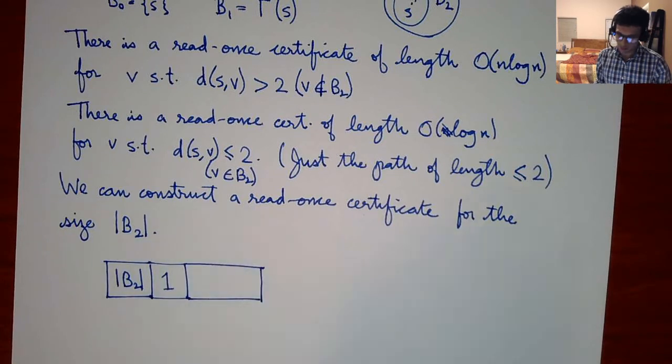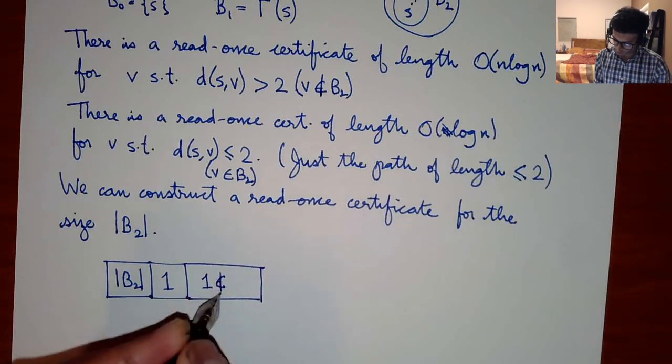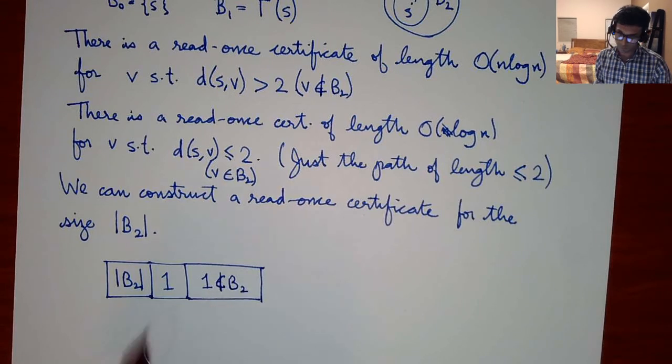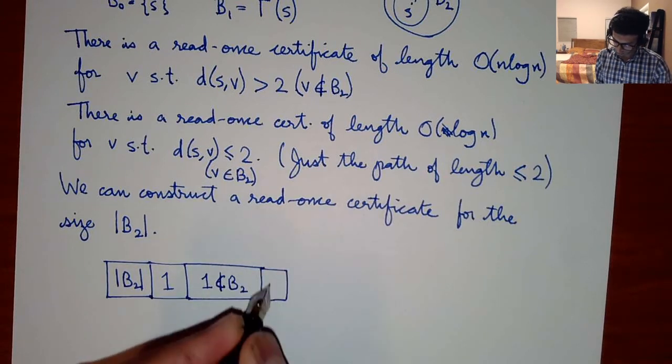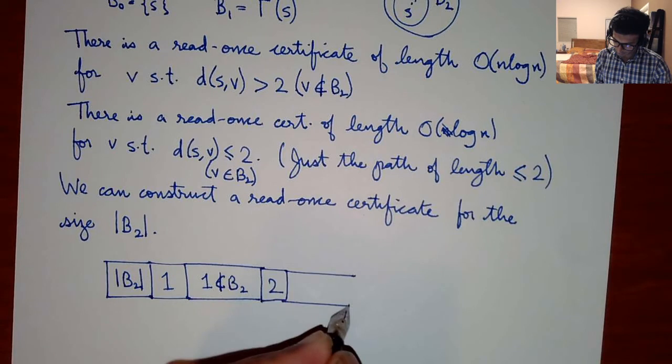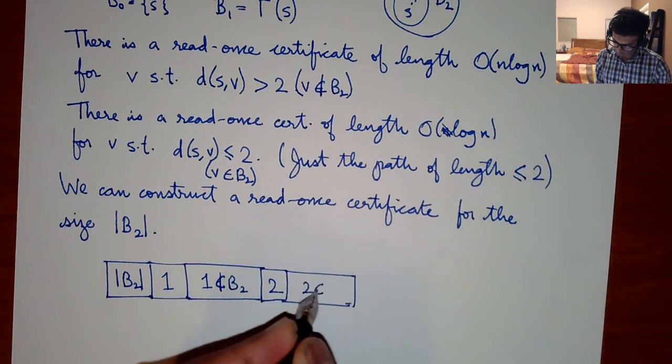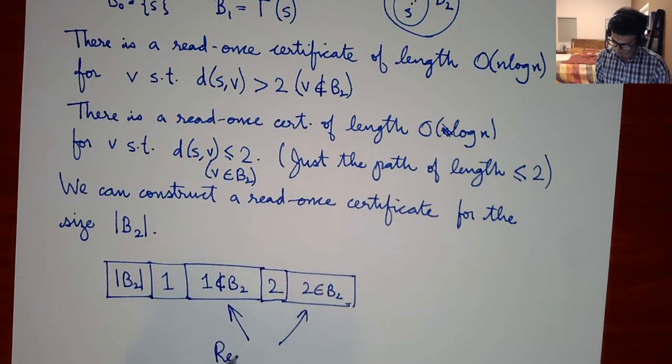And then it's going to have a certificate that maybe says 1 is not in B2. Then it just says 2. And maybe the vertex 2 is in B2. So these are the read once certificates.